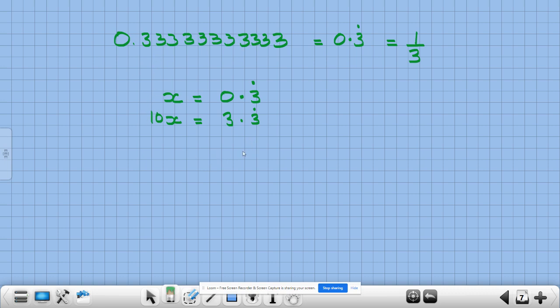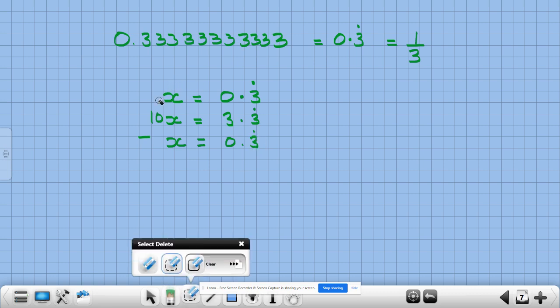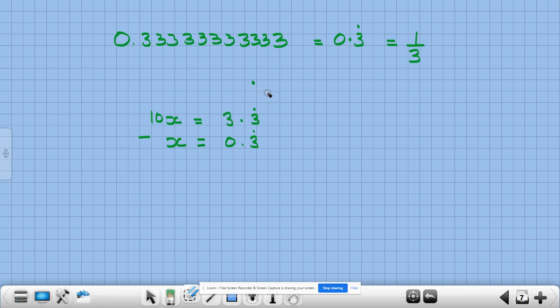And here's where it gets neat. If we want to get rid of that recurring, what we could do is subtract x from 10x. So we're going to subtract 0.3 recurring.